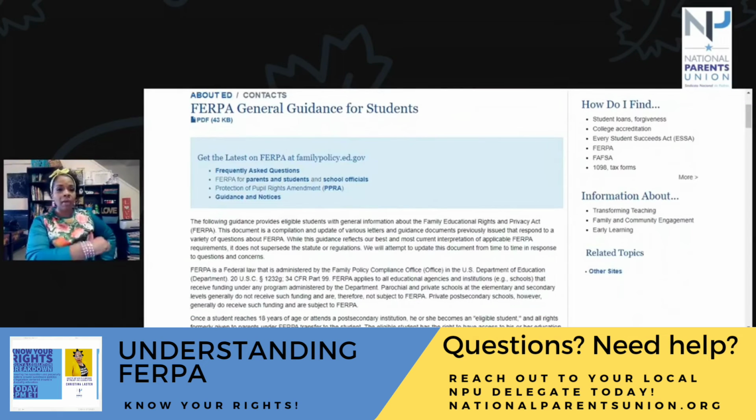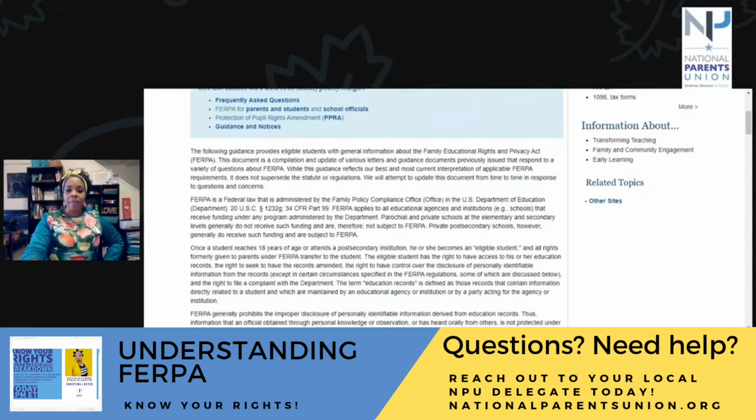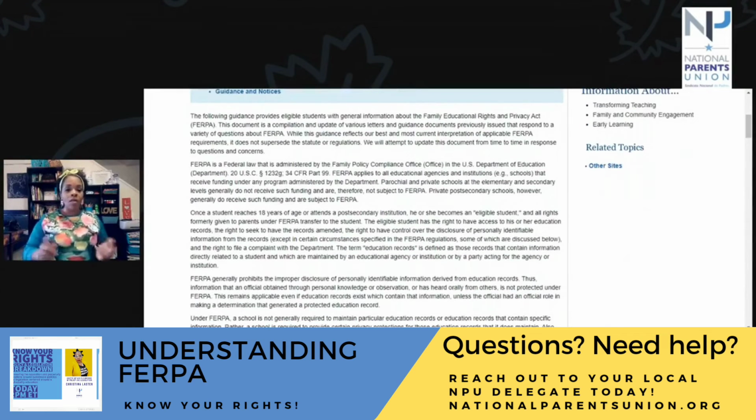Well, we talked about that earlier in the last tab. Students that are age 18 or are enrolled in a post-secondary institution are considered eligible students. This guidance is for you. If you have a college student, make sure that they are paying attention to all the fine print, everything that they're signing.